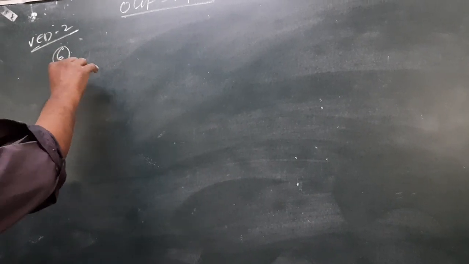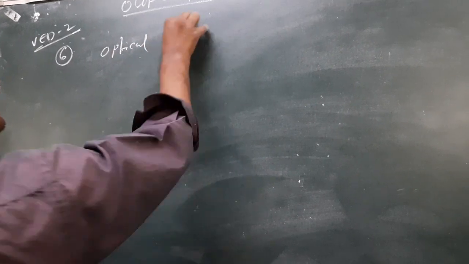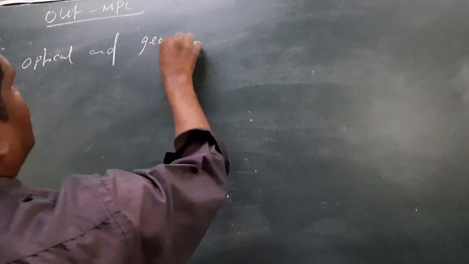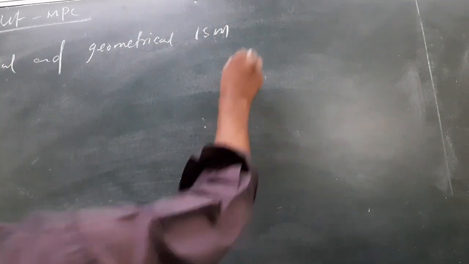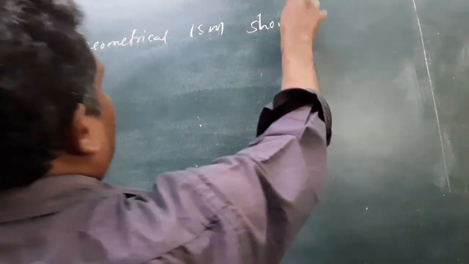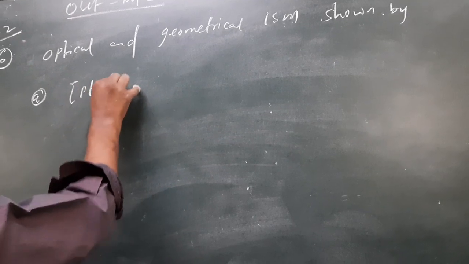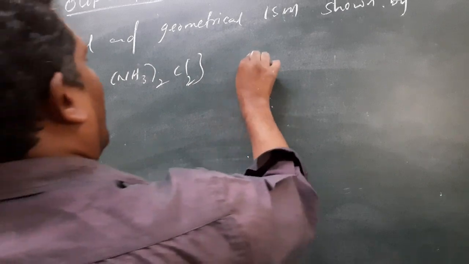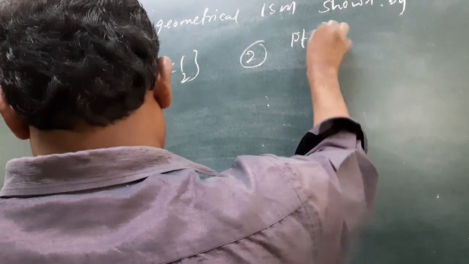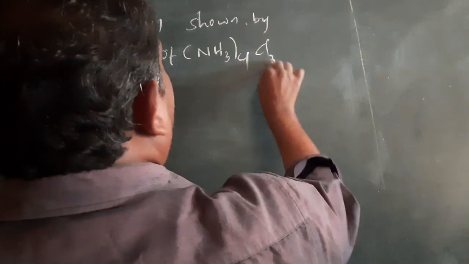Optical and geometrical isomerism is shown by which of these? Option A: platinum ammonia 2 chloride 2. Option B: platinum ammonia 4 Cl2.